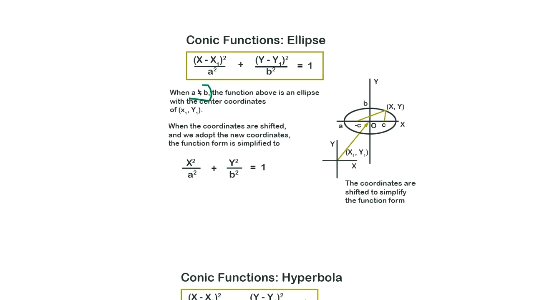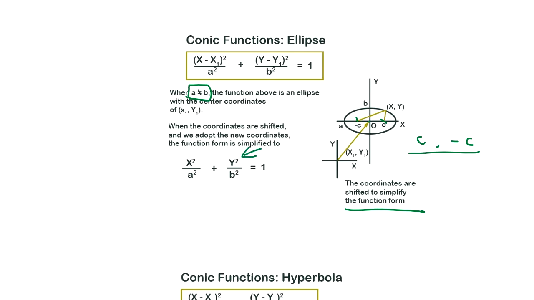When a is not equal to b, suppose this ellipse is sitting right in the middle of the xy coordinate. We need to define two focal centers, which are c and negative c on the x-axis. The coordinates are shifted to simplify the function form.